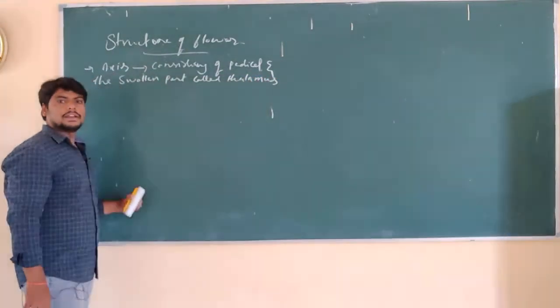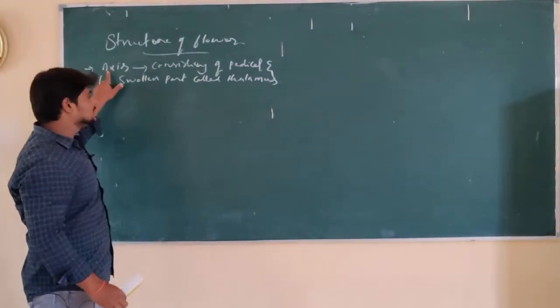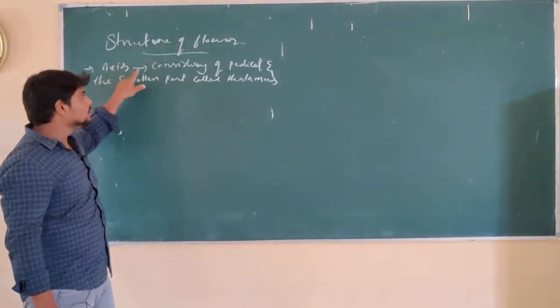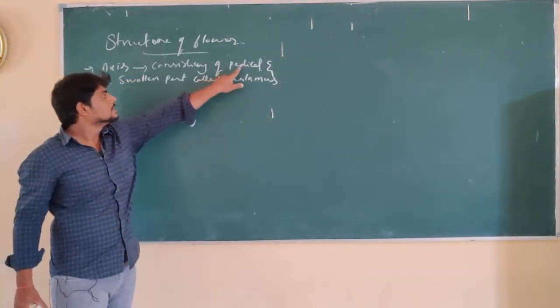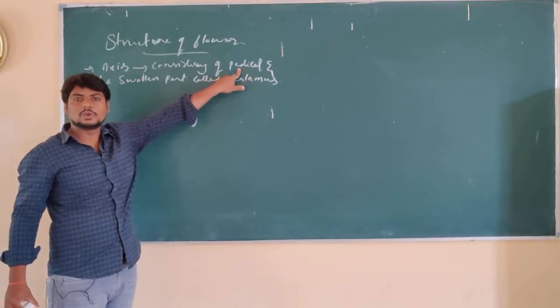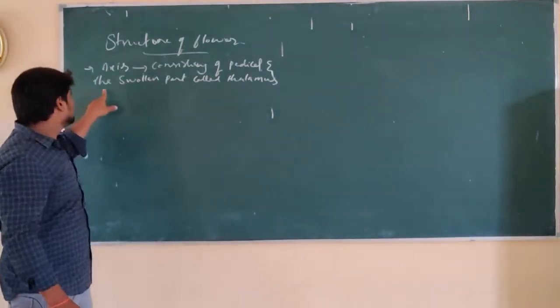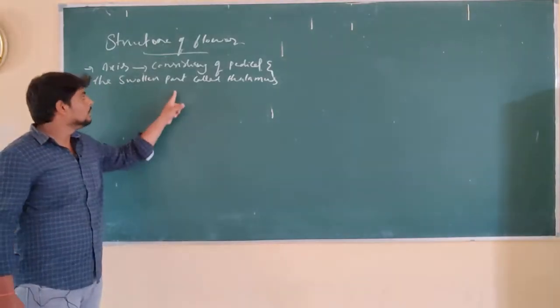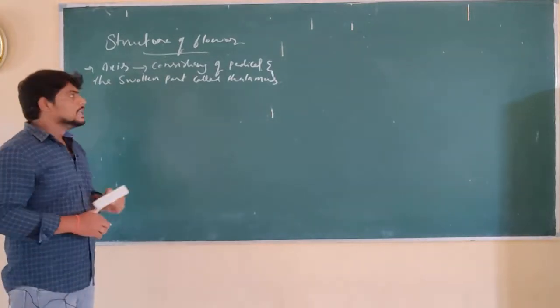So a flower consists of an axis. This axis has two parts. One is the pedicel, which is also called the stalk, and the other is the swollen part, which we call the thalamus.